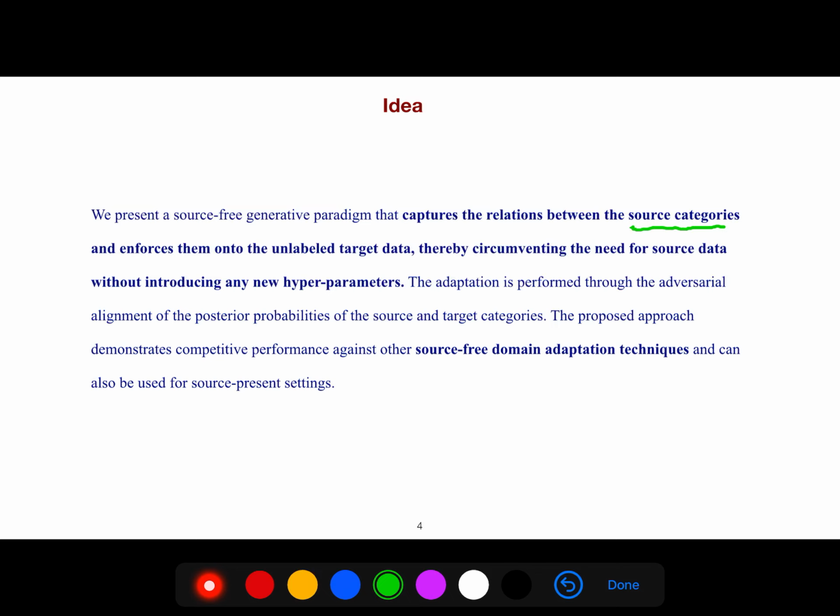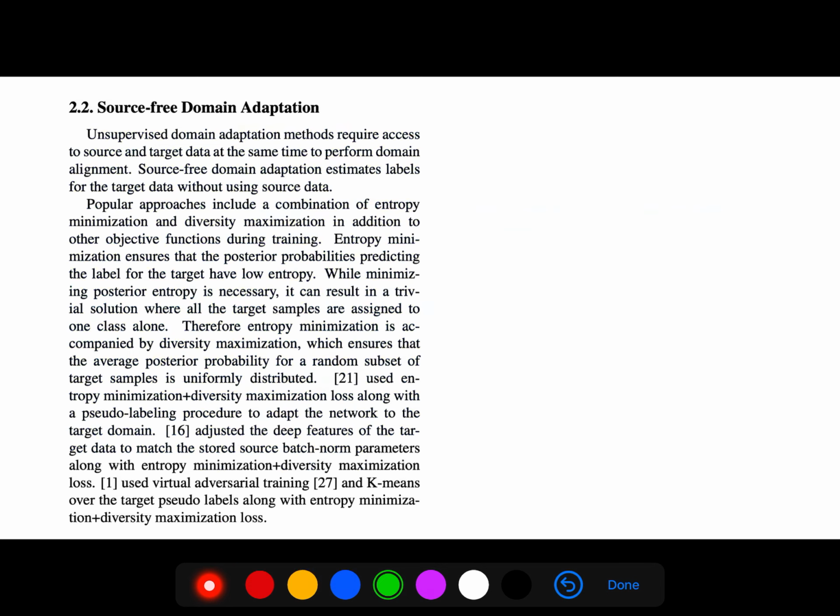The adaptation is performed through the adversarial alignment of the posterior probabilities of the source and target categories. The proposed approach demonstrates competitive performance against other source-free domain adaptation techniques that can also be used for source-present settings.